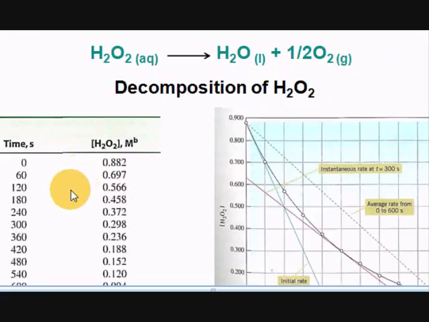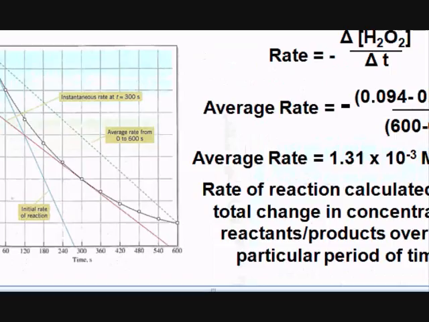Here we've tabulated the decomposition of H2O2, with time in the left column and concentration in the right column, and following that you've got your graphical representation, the black line, and then you've got various slopes or rates. The initial rate of decomposition, and this red would be the average at the midpoint of the decomposition, etc.